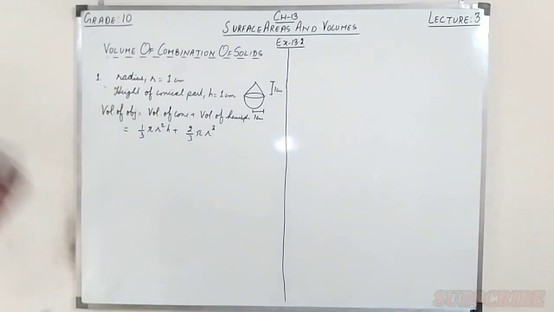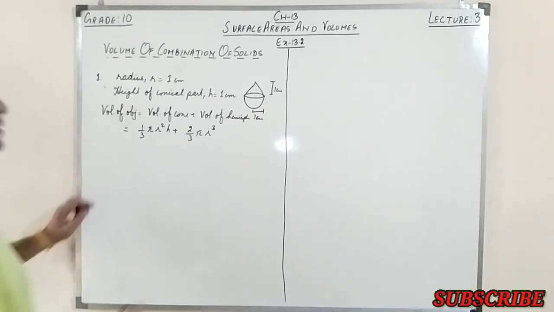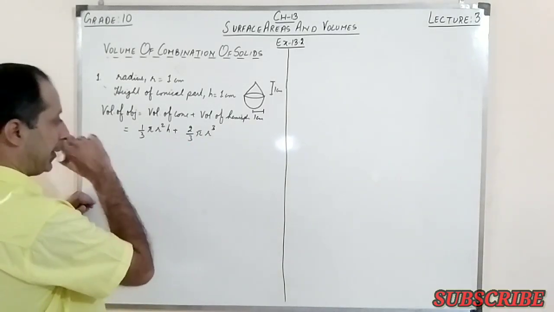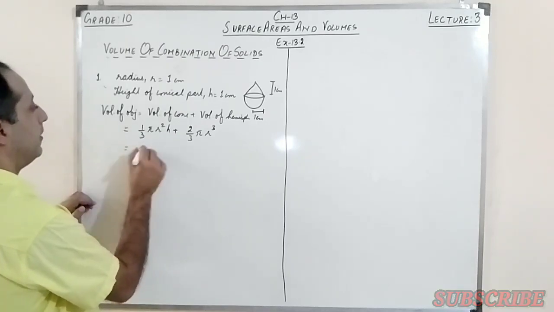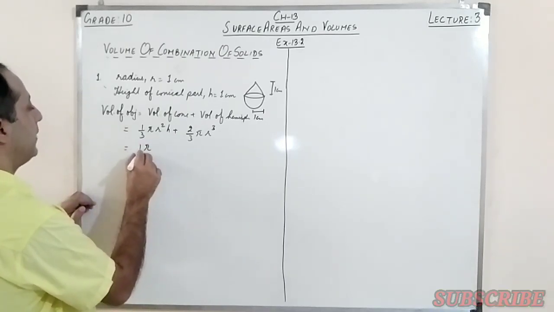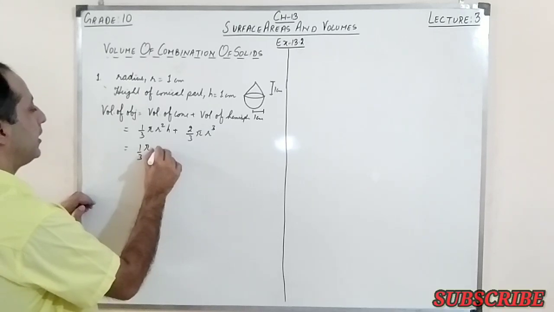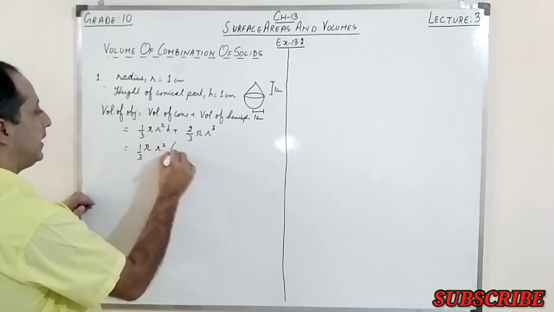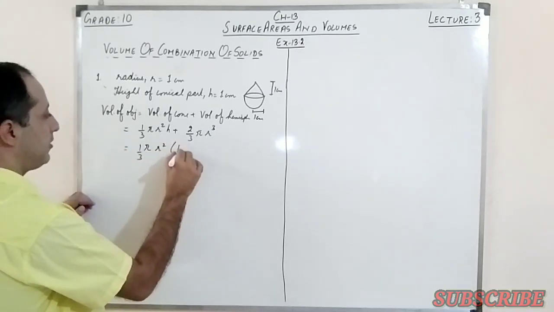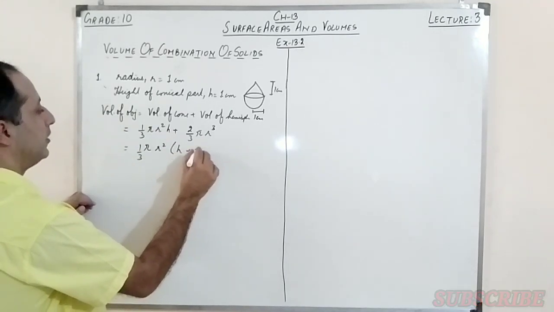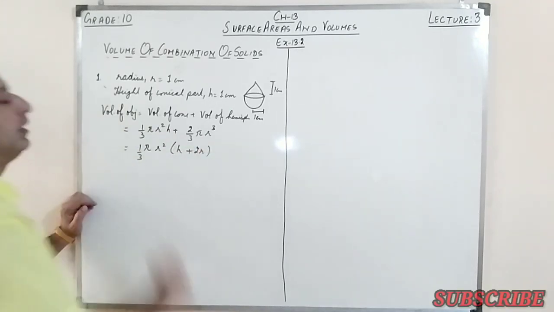Now again we can take some things common here. We can take pi 1 by 3 and r square in common, and inside the bracket we have h from here plus 2r from here, right?